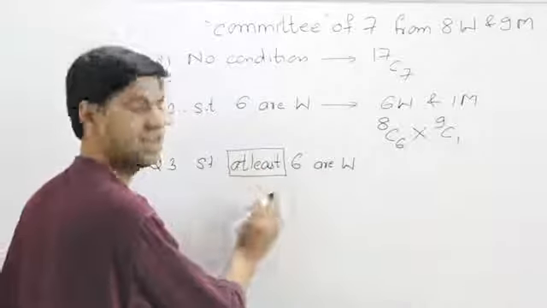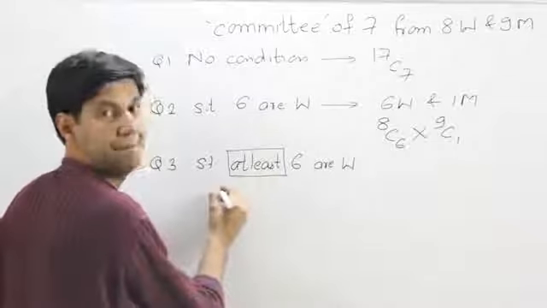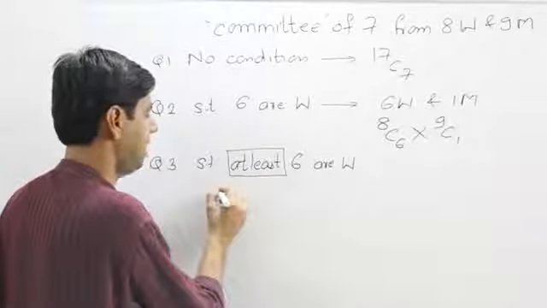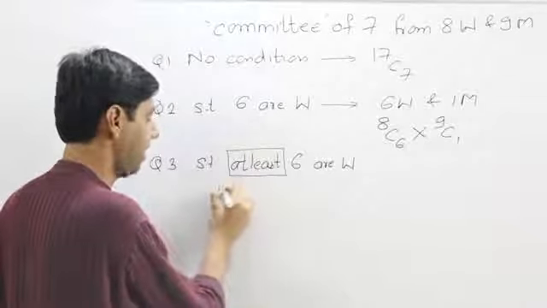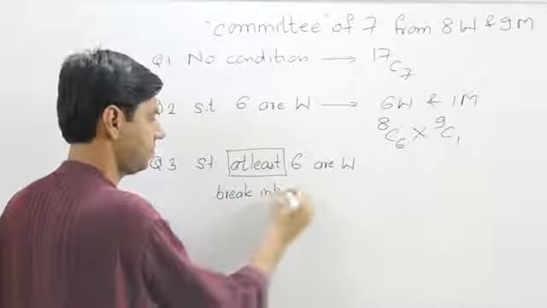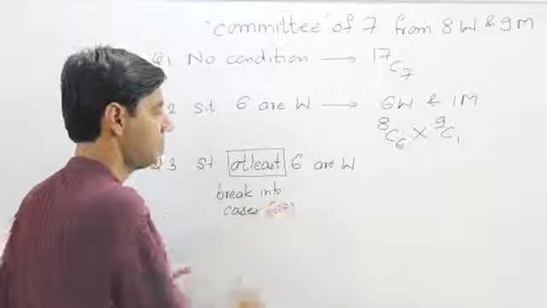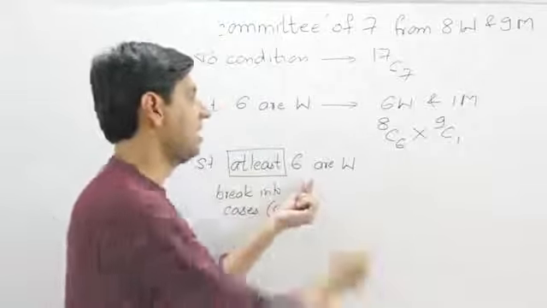And there's a very standard procedure to think, the moment you have an at least, make out cases. That is, break it into cases using an or. So start with 6, at least 6.